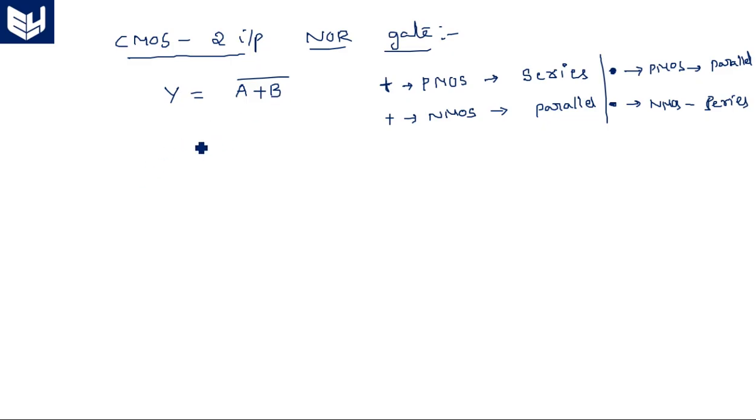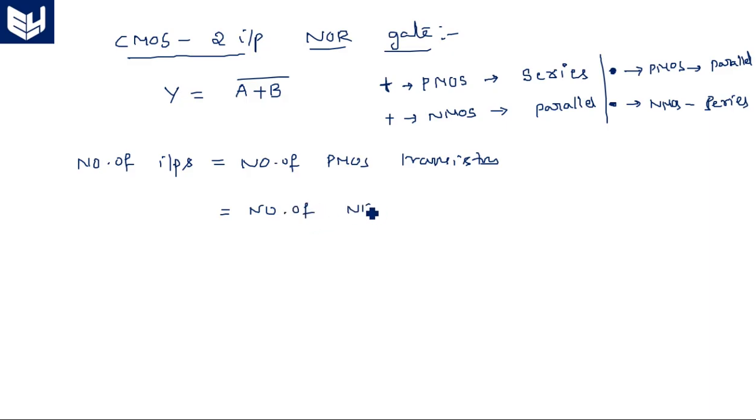One more thing, how many transistors do we need? The number of inputs is equal to the number of PMOS transistors, which is equal to the number of NMOS transistors.